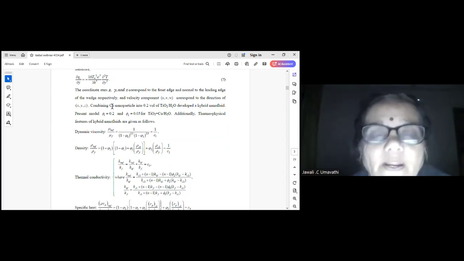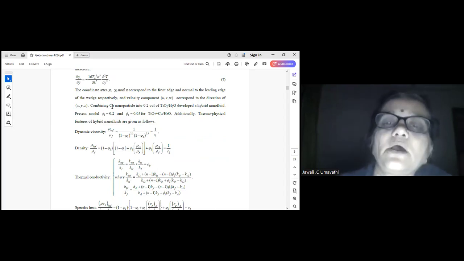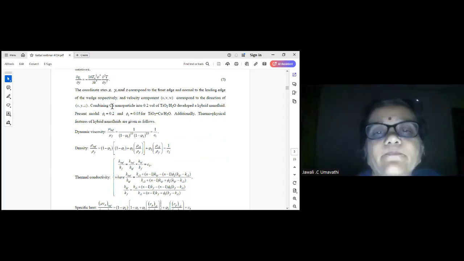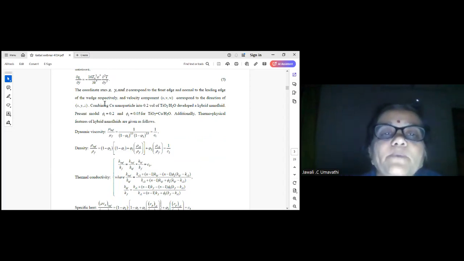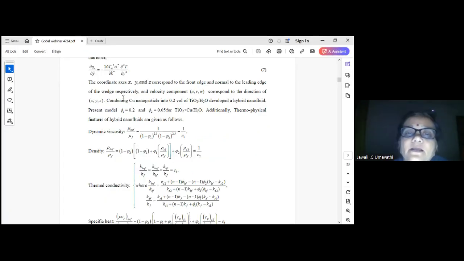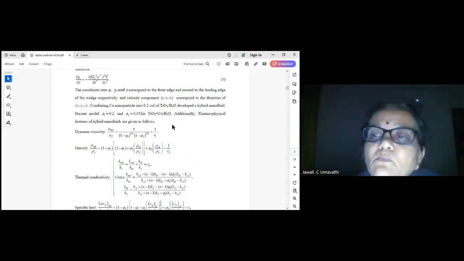Now, what I'm doing is the simulation work. Simulation in the sense that, suppose I use only copper nanoparticle, that means only one nanoparticle, how will the flow be? And suppose I take both copper and TiO2 combined, that means for mono nanofluid and hybrid nanofluid, I did the simulation.